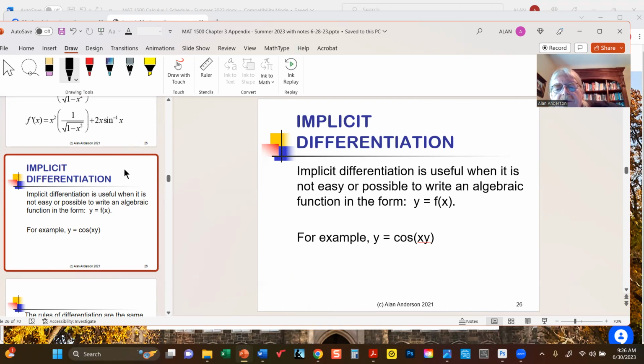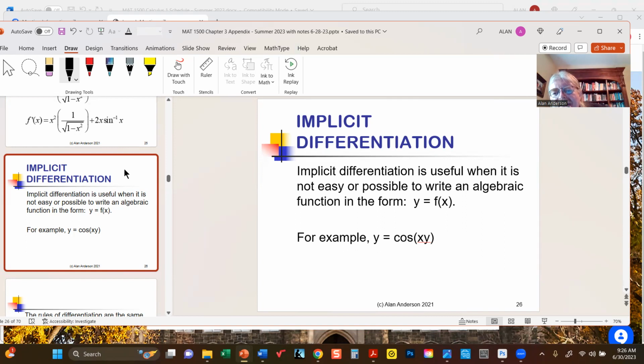And then we apply our rules. And that's normally how we approach taking derivatives. But here, sometimes we run into a problem where it isn't really easy or even possible to split up all the y's and x's and gather them onto two sides of the equation. So I'm showing you one right here. y equals cosine xy.